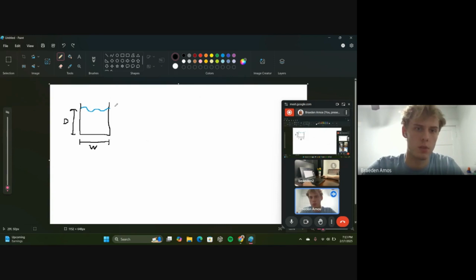What I'm going to do is set y equal to 0 at the top, meaning that going down is positive. We also need to slice up this depth of water into sections, which would all be equal, and I'm going to call one of those dy.